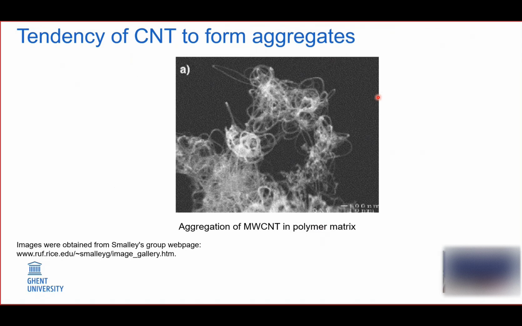Considering aggregates, here you can see again a literature example of multi-wall carbon nanotubes that tend to make aggregates in the polymer matrix. And of course, this will also negatively affect the properties of our final material.